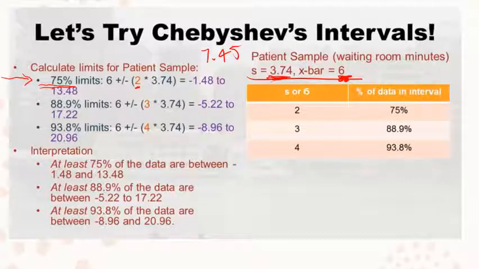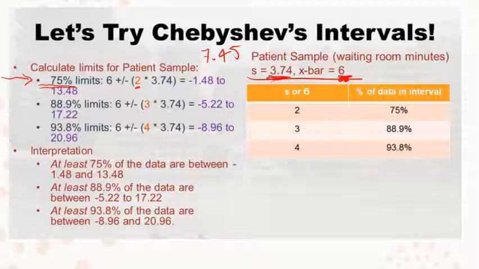That's us using 2 of these standard deviations. That means we have to add 7.48 to the mean, to the X bar, and then subtract 7.48 from your X bar.